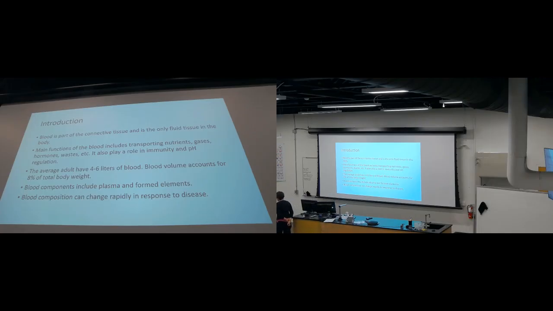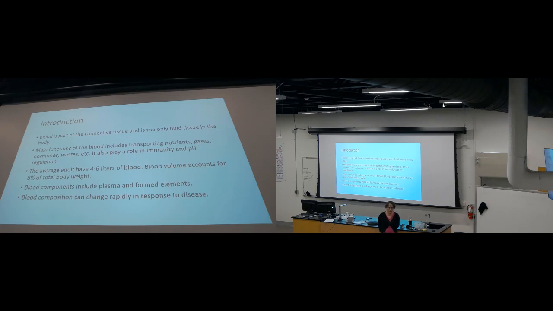The average blood volume in an adult is between 4 to 6 liters of blood. Males have more blood than females because their tissues are more dense. They require more oxygen than we do, and thus they have more blood volume. And in general, independently of the gender, the blood volume accounts for 8% of the body weight.